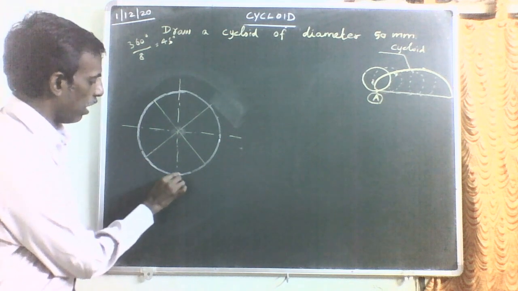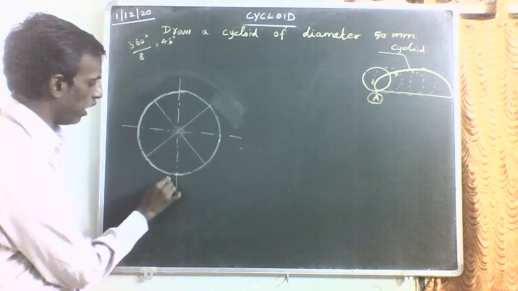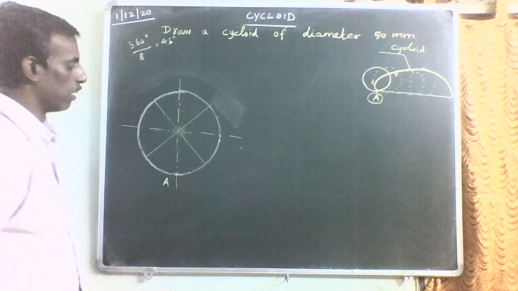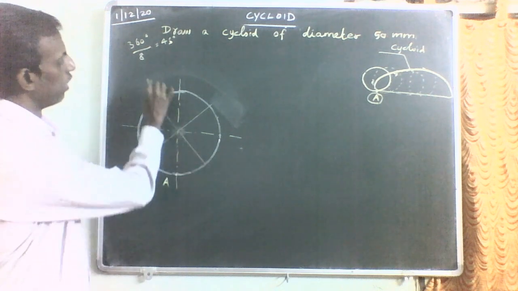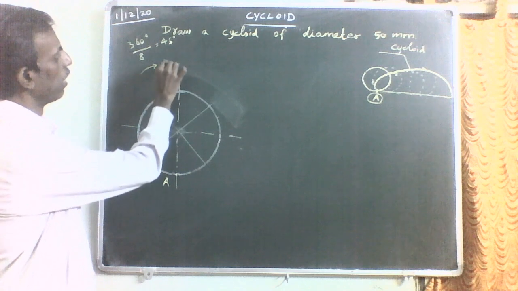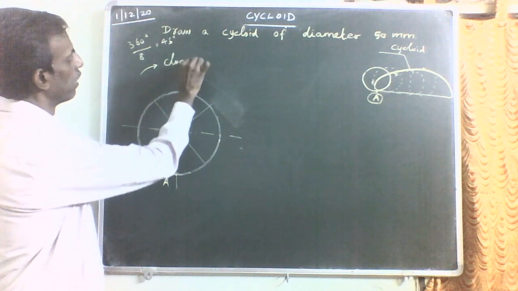Now, I am going to mark point A on this rolling circle, since the circle is rolling in the clockwise direction.